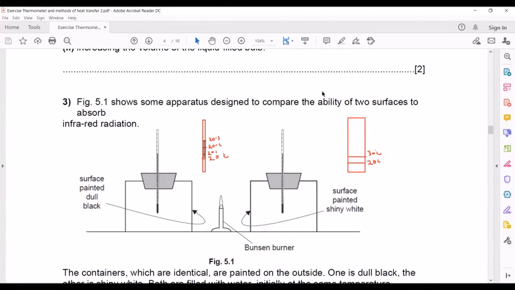Which one is easy to read the scale, a high sensitive thermometer or a low sensitive thermometer? A high sensitivity thermometer is easy to record the temperature. When a temperature change is small, it is easy to read the scale with a high sensitive thermometer. That is why, if a temperature change is small, we prefer to use a high sensitivity thermometer.